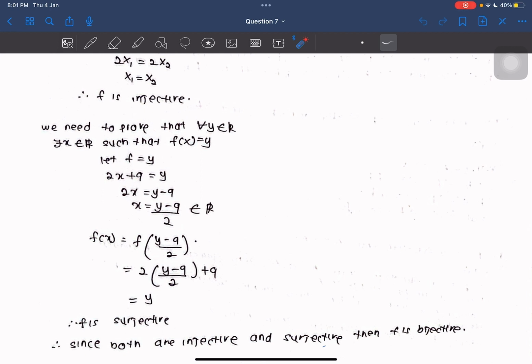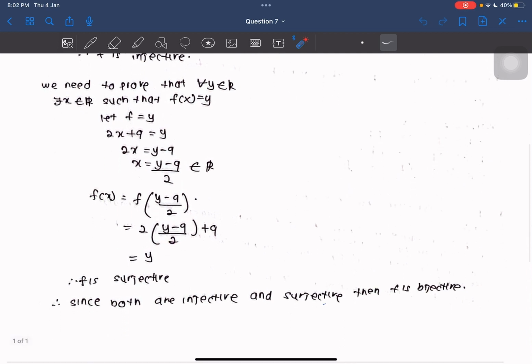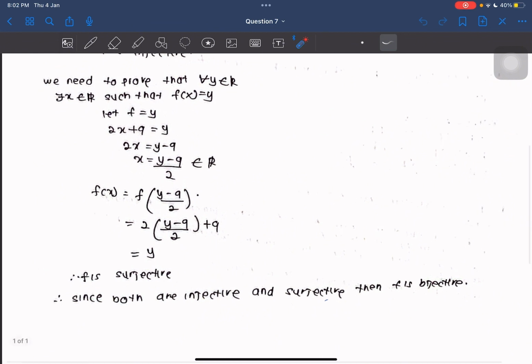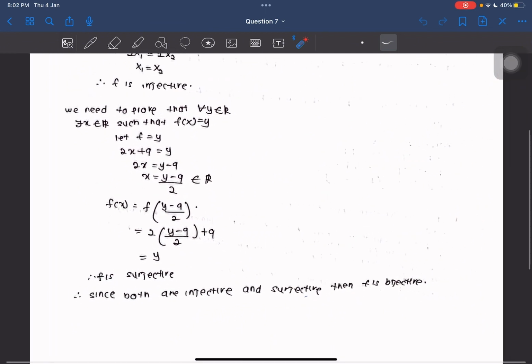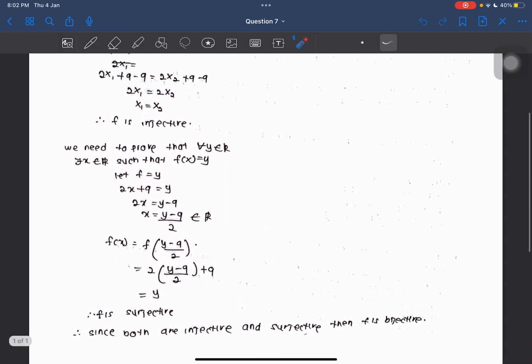After we get the x, we need to substitute the x into the function like this. As we all know, f(x) is equal to 2x plus 9, so just substitute the x into the function and you will get y. So we get f(x) is equal to y. Therefore, the function is surjective. Since it is both injective and surjective, the function is bijective.